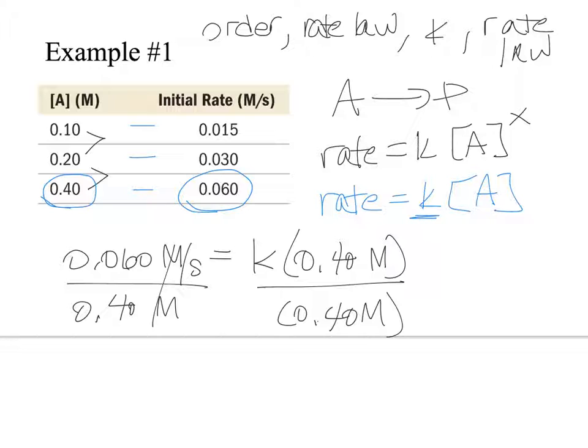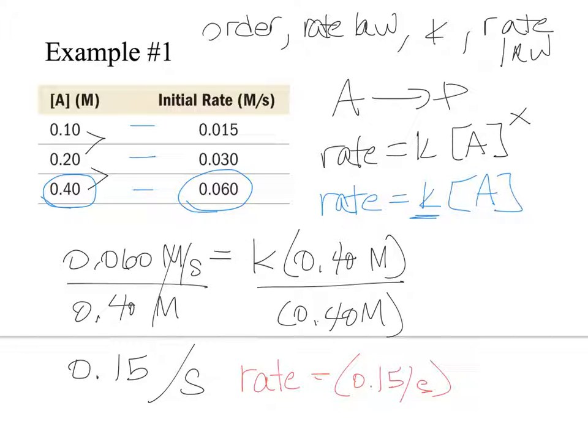So 0.06 divided by 0.4 equals 0.15 per second. Now I can write my final rate law. Rate is equal to 0.15 per second times the concentration of A. I could plug in any concentration of A theoretically and solve for rate, which is why we go to the trouble of doing the calculations and writing the rate law.